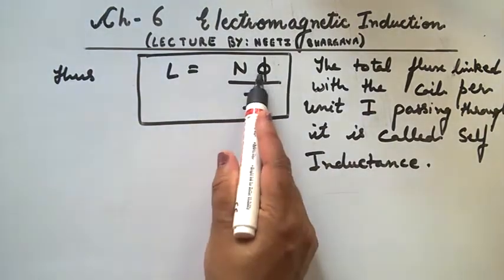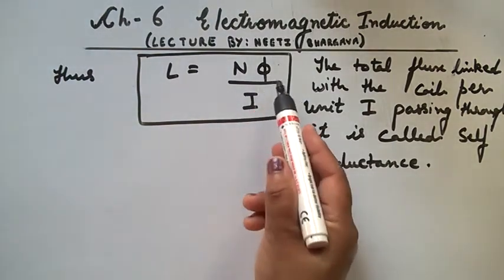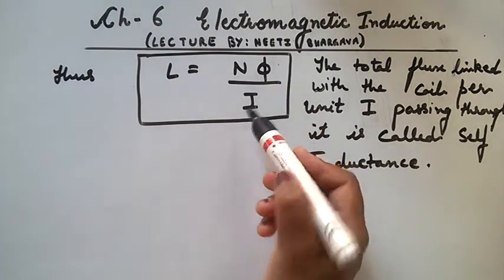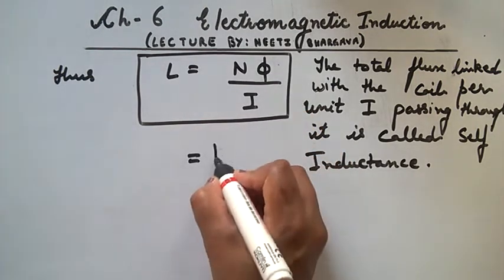And its SI unit is, as we know, SI unit of phi is Weber and current is ampere. So its unit is Weber per ampere.